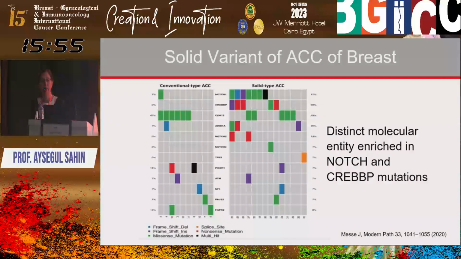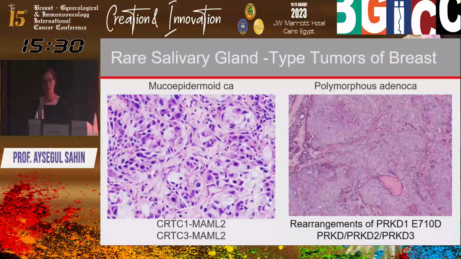And when we look at the solid variant of adenoid cystic carcinoma, in addition to having the MYB pathway abnormalities, they have additional mutations. Most commonly, these additional mutations involve the Notch pathway or CREBBP mutation. So it is really important to do molecular analysis of these tumors.